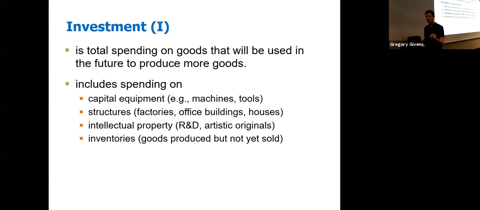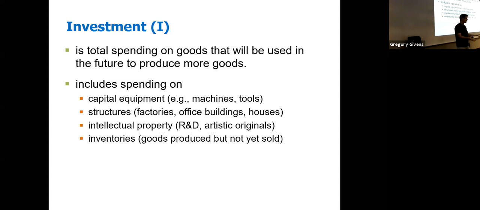The next year, when the shoe store sells these shoes to Matt, then two things are happening. Matt's consumption is going up by 100, right? But the shoe company's inventory investment is falling by 100. Those two offset each other perfectly in 2021, and so there's no net effect on GDP in 2021.